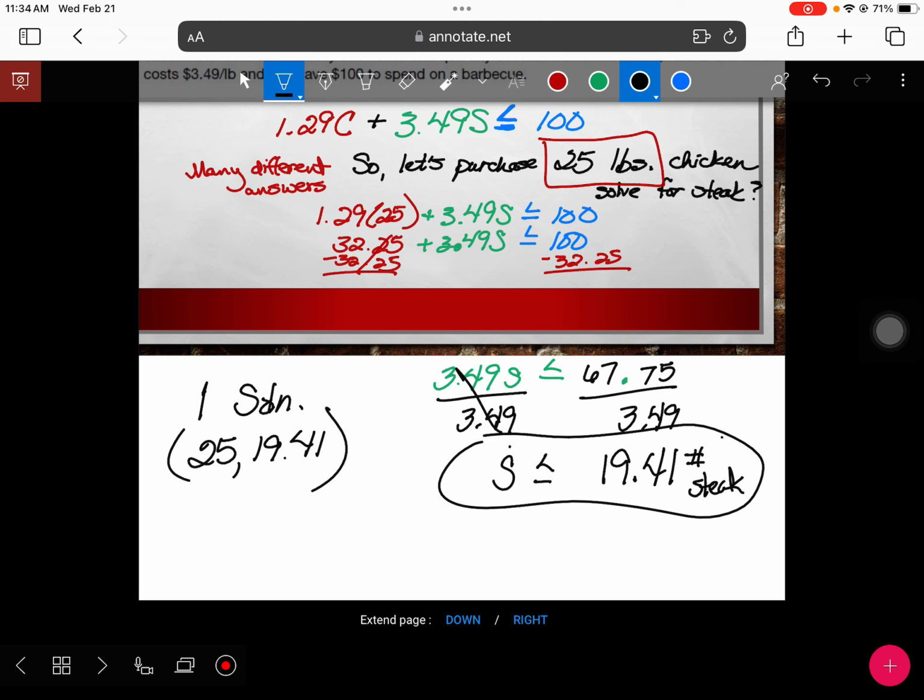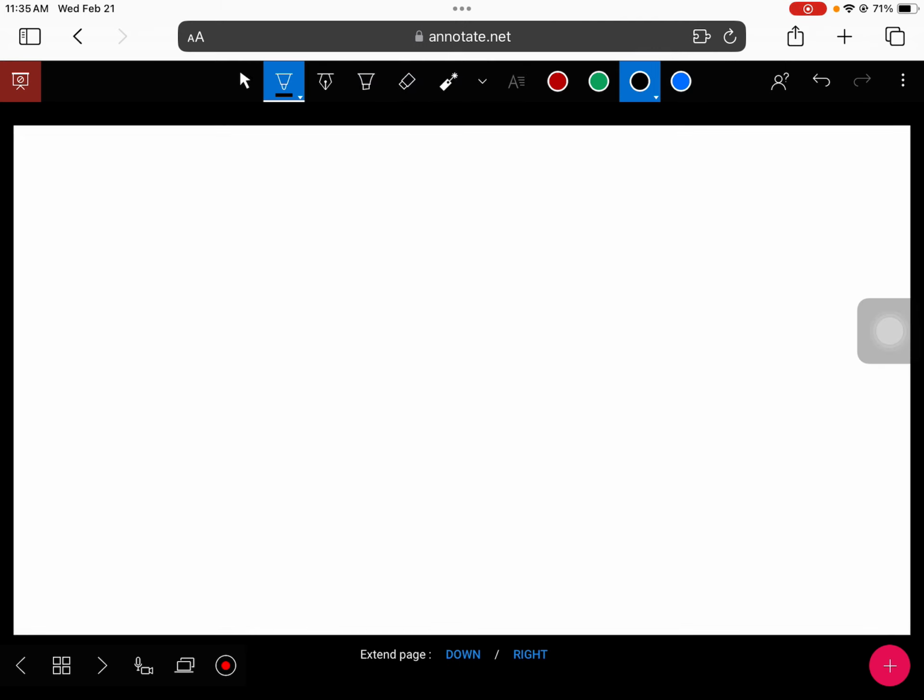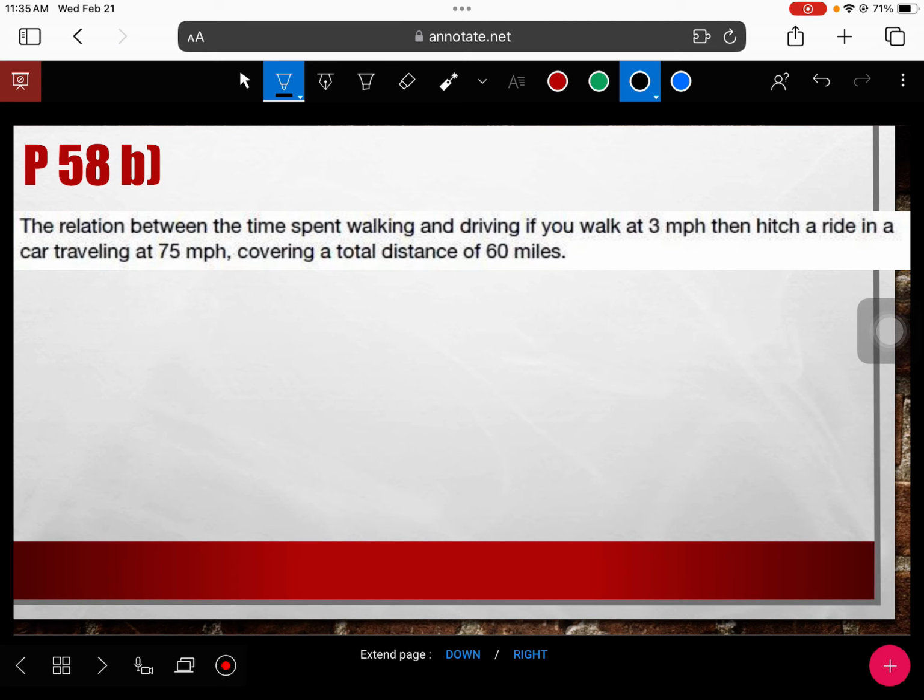That is one solution. But again, there are many, many different answers. Okay? So keep that in mind. Any questions about this problem? Okay. I think the key to it was less than or equal to 100 and the fact that there are several different answers. So now let's take a look at the problem at the bottom.